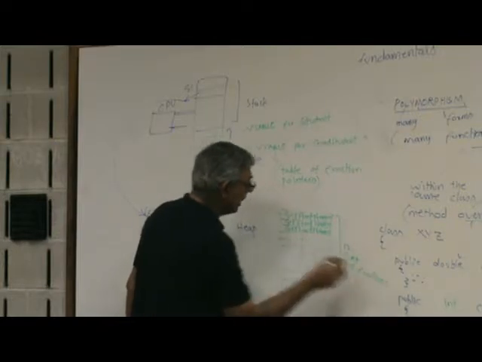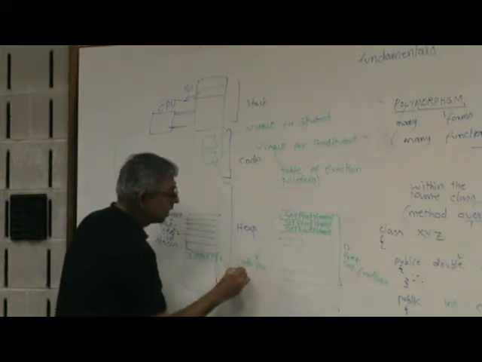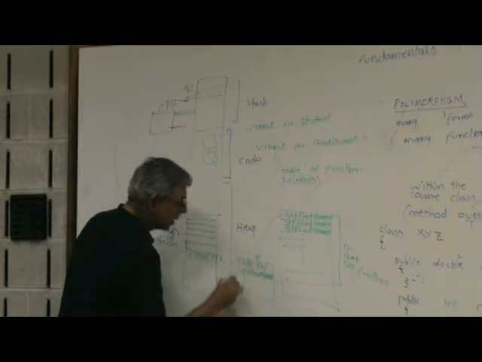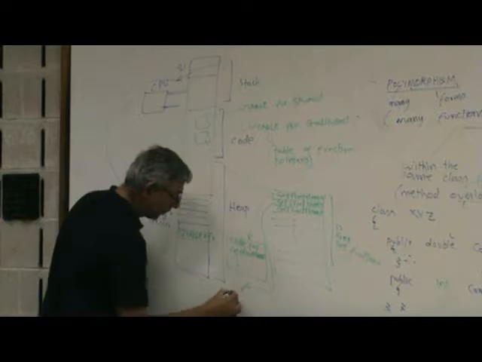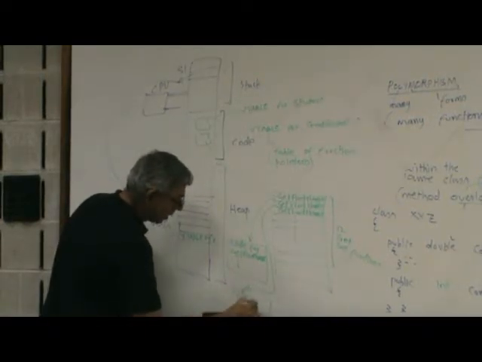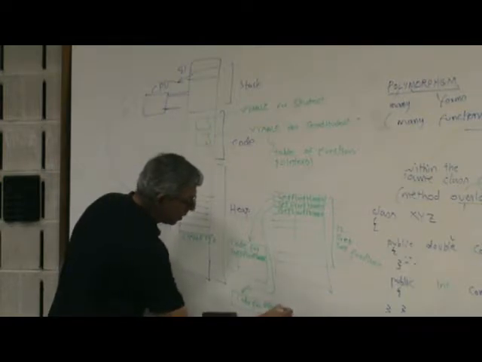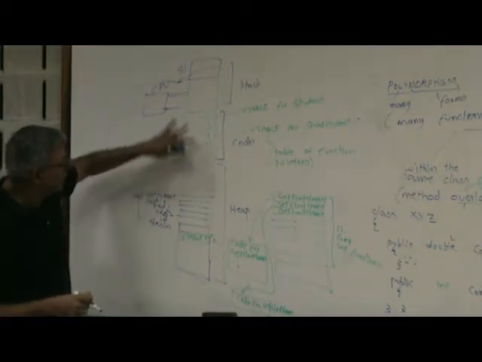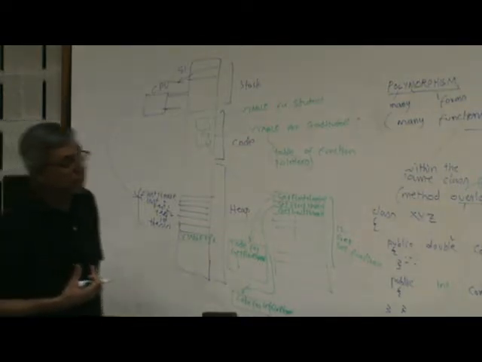Each one of these will further be pointing to the actual code for get first name, whatever that code is. The second one will be pointing to the code for set first name, and so on. So this table simply points to the actual code for the function, and all of this is in the code area.